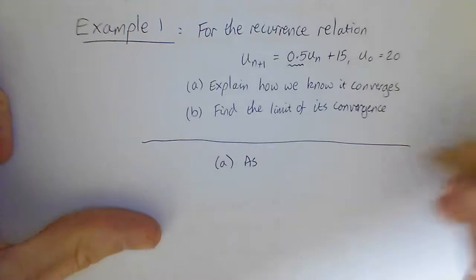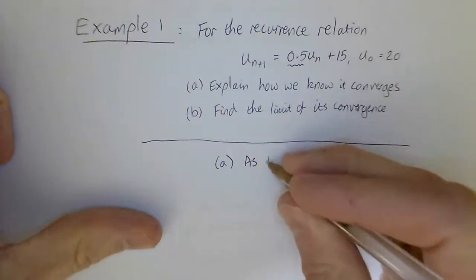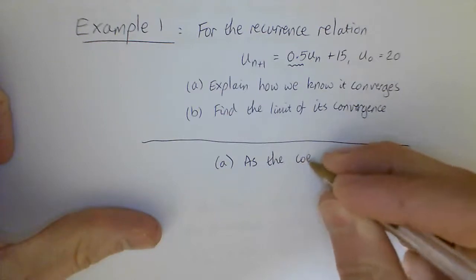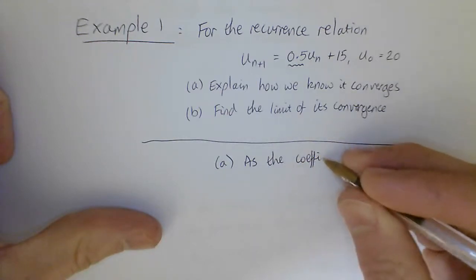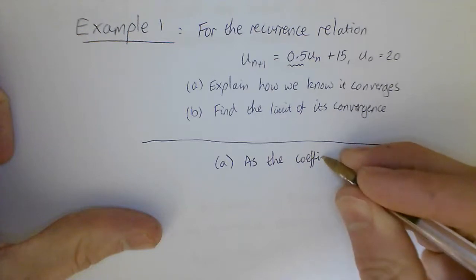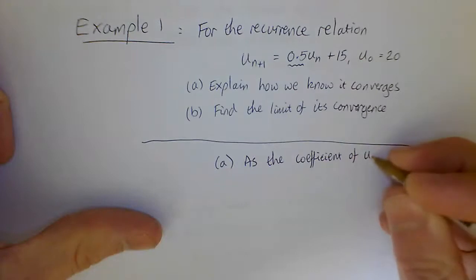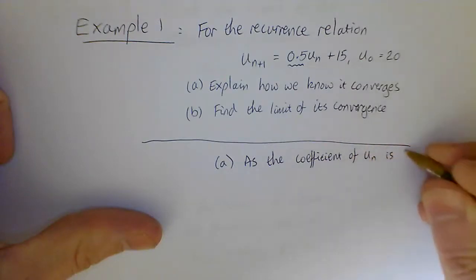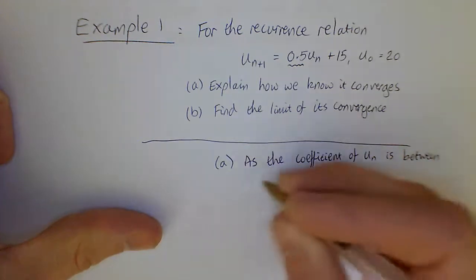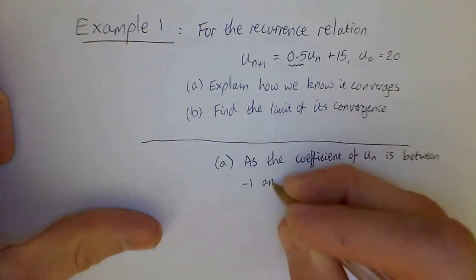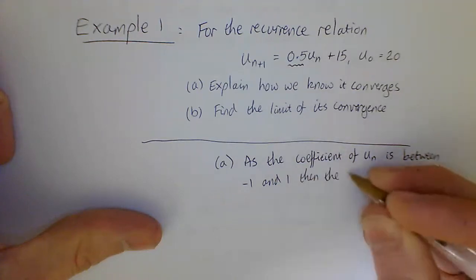Well, it's that value in front of un. There's a fancy term for a number that comes in front of a term. It's a coefficient. So as the coefficient, that's just a number in front of un, if the coefficient of un is between -1 and 1, then the sequence converges.